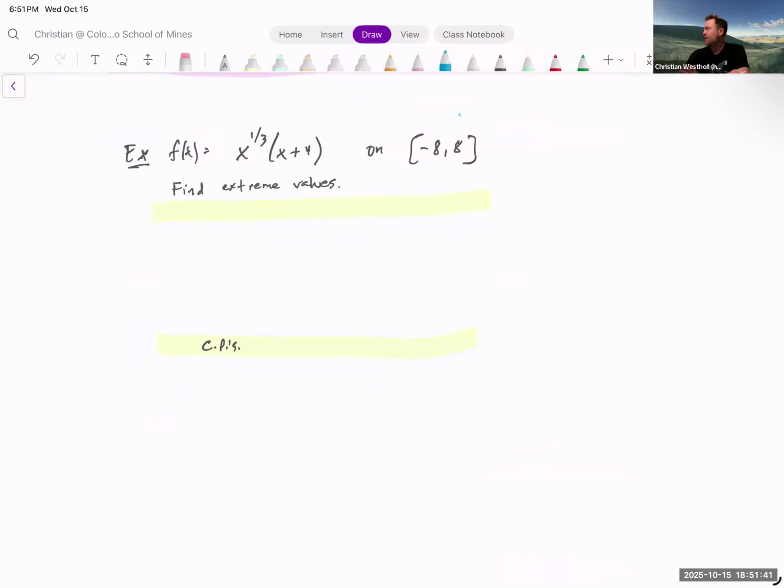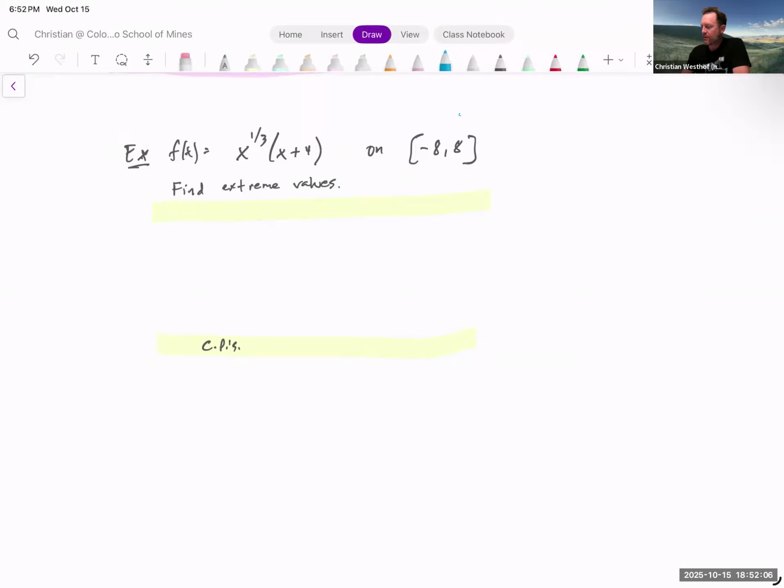We have a function, x to the third times x plus 4, on -8, 8. Find extreme values. The first thing we'll do is check to see if the extreme value theorem guarantees such values to exist. If it didn't guarantee extreme values to exist, they might still exist, but we wouldn't be guaranteed that they would.